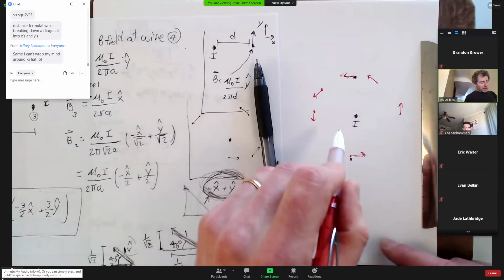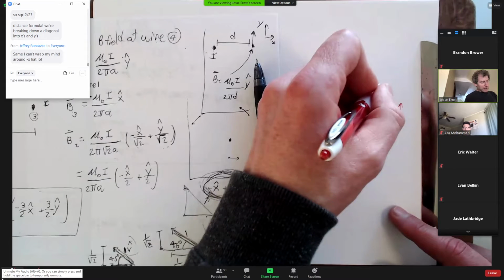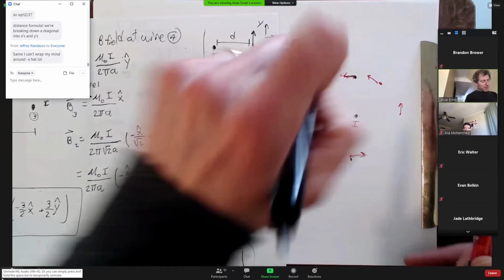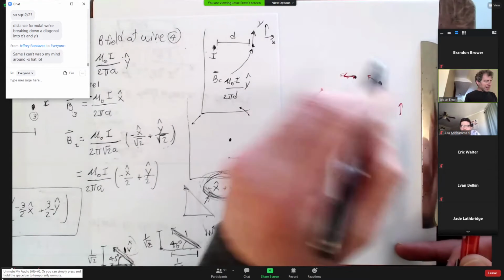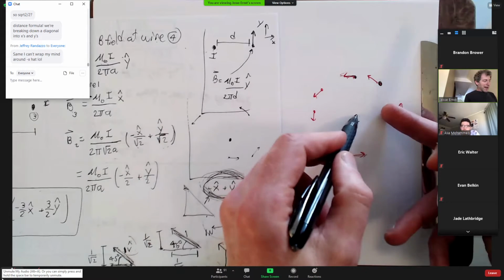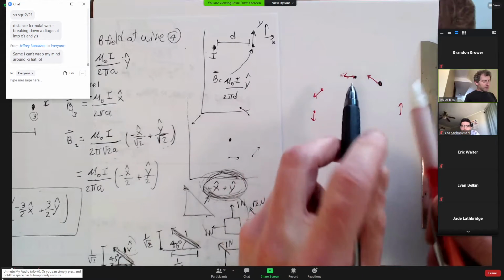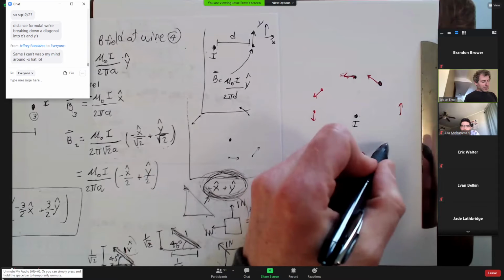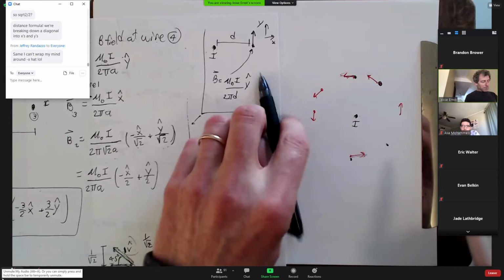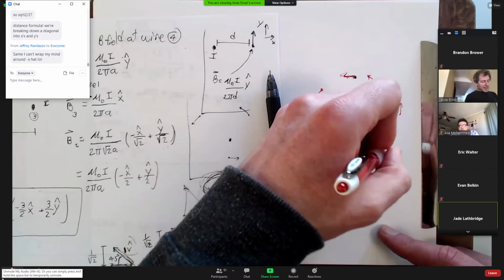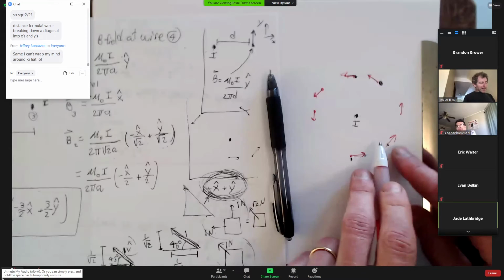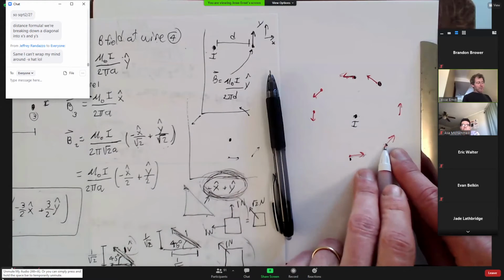If I drop a wire here and ask what direction is the B field that this thing sees, you say, look, it's that way. A wire sitting here would see a B field that points this way. That's not a B field that it's creating. That's just the B field that it's sitting in.